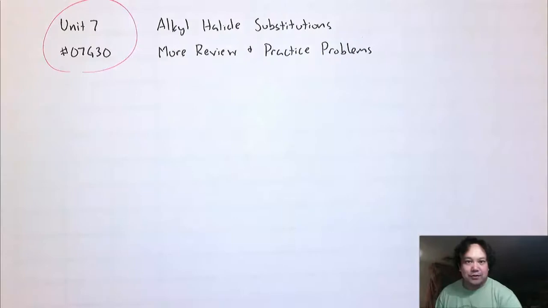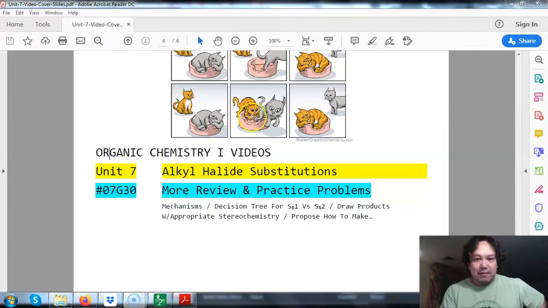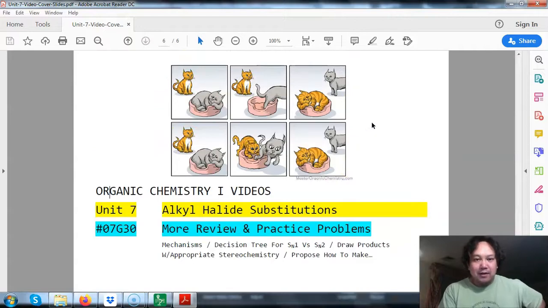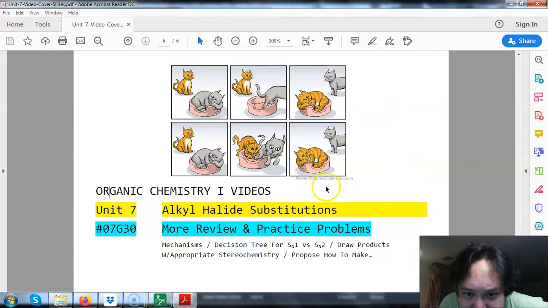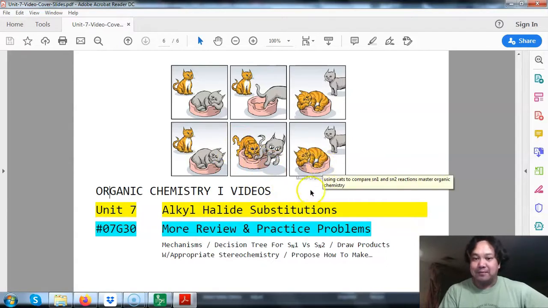The easier of the two is SN2, because if you look at the cat cartoon, I never gave credit. The credit goes to this website, Master Organic Chemistry, which is actually pretty good. I refer to it a lot. The one that takes the least number of steps is this bottom one, because the orange cat comes in, the gray cat leaves at the same time, and you're done.